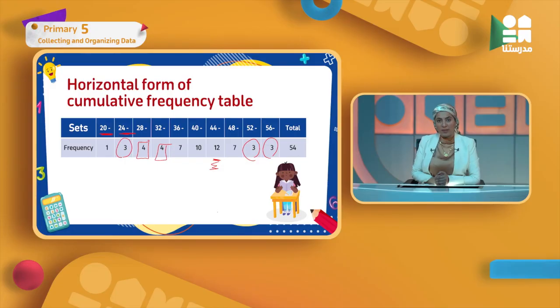It happened 12 times. The temperature in the interval from 44 to before 48 was 12 times. Now the lowest one, the least that happened, was at the interval from 20 to 24. It was one time only. Okay.